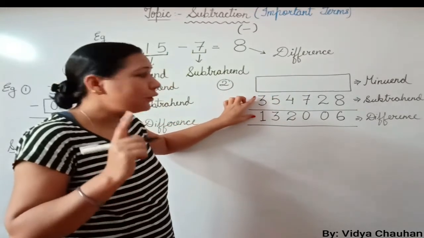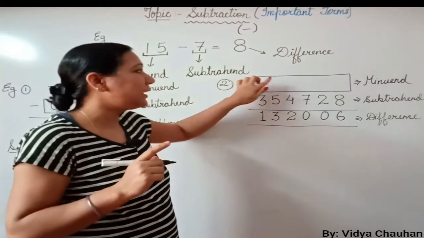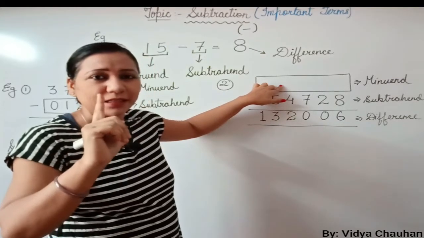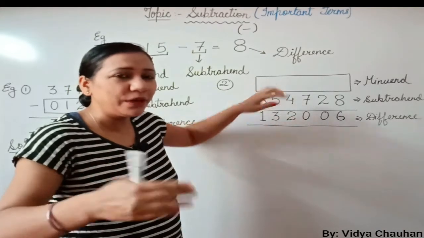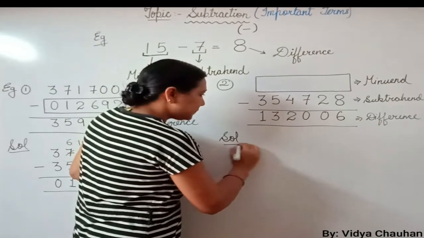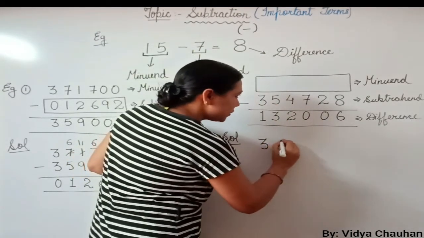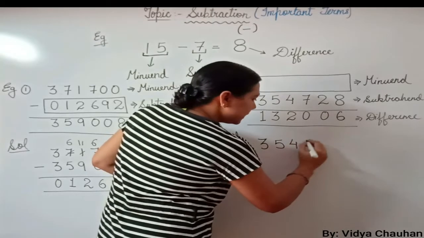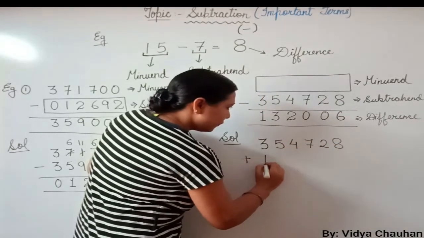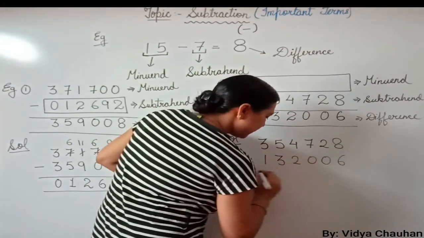What you have to do? You have to add the subtrahend and the difference. Then you will get the value of minuend, because minuend is the greatest number. How do you get a greater number? By adding. So let us perform the solution now. I will add these two numbers: 354,728 plus 132,006.